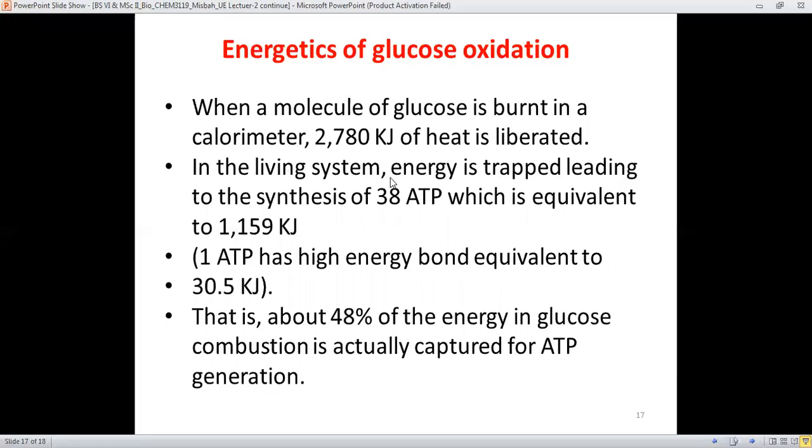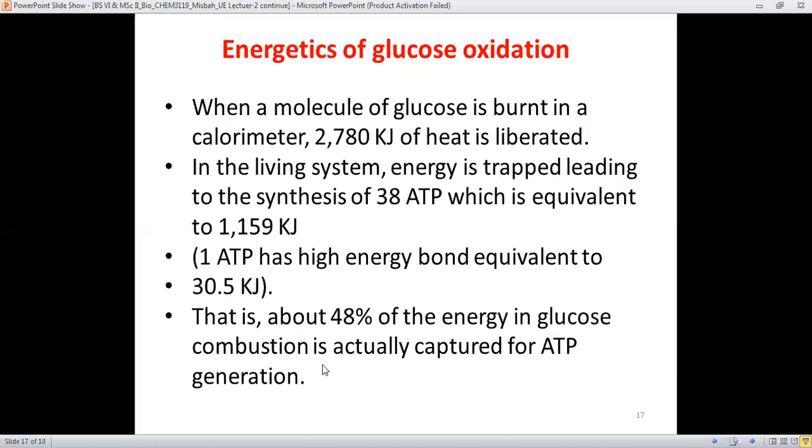It means that one molecule of glucose gives more energy when it's burned in the calorimeter, but in the living system, it will provide such an amount of energy. And one ATP has a bond energy equivalent to 30.5 kilojoules.